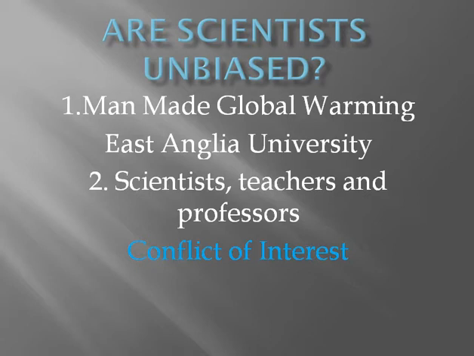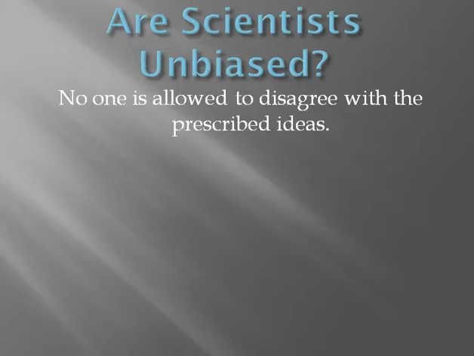But every scientist and every teacher and every professor that is in a public school, university, or that is in the scientific realm today does have a conflict of interest. And the question is how do they have the conflict of interest? That's what we're going to look at here for a little bit.